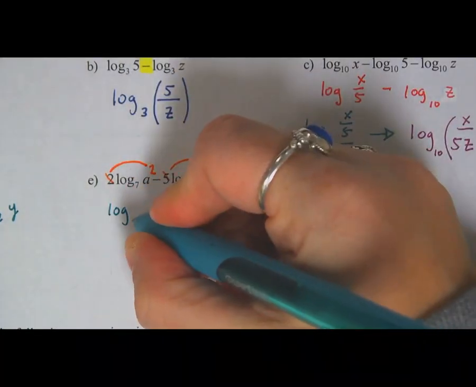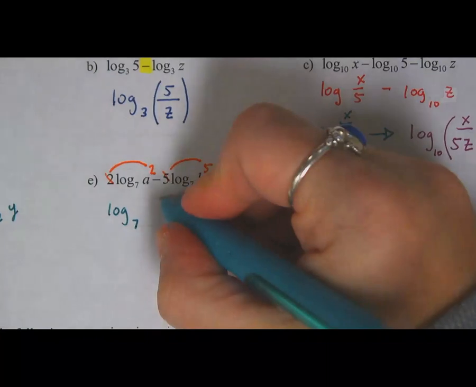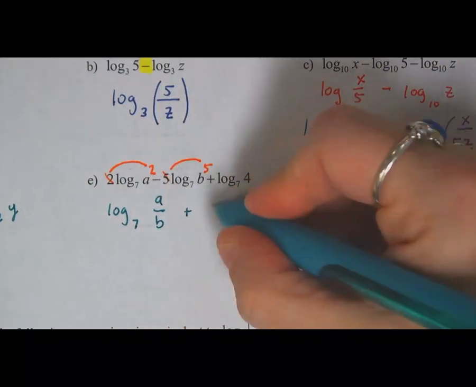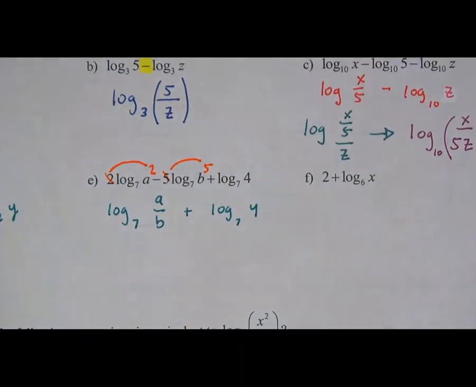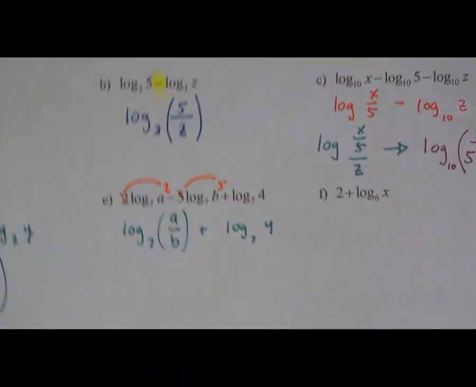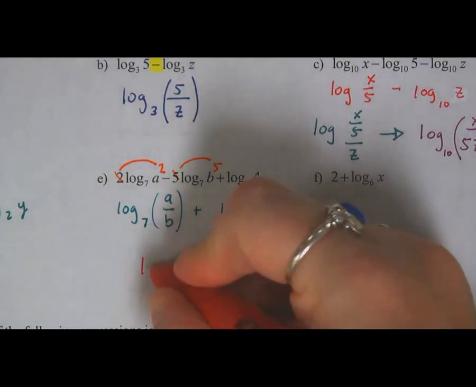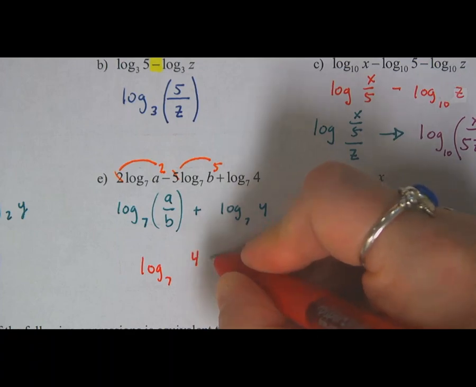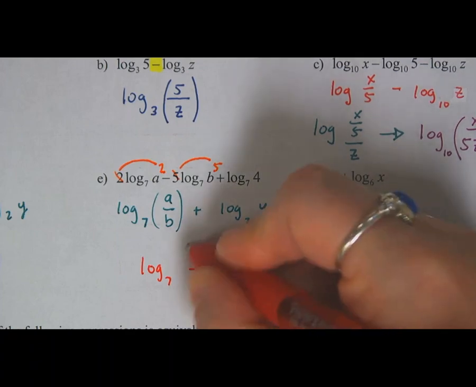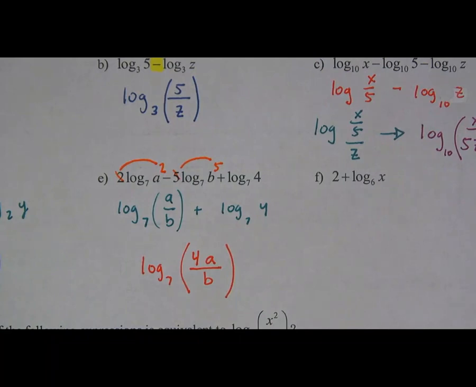So hopefully you've started to tackle that on your own. That's going to be a over b, and then to condense this even further, I'm going to multiply a over b times 4, which is just going to end up being 4 times a over b, because a over b times 4 is the same thing as having the 4 on top.